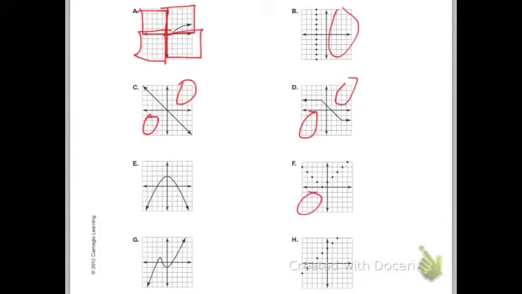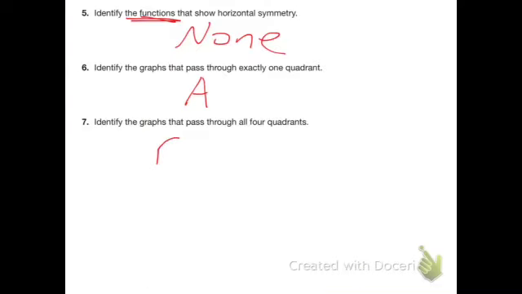F doesn't go into the third or fourth quadrant. E does make it through. Okay, it's in the fourth, first, second, third. Okay, so E makes it to all of them. G also makes it to all of them. And H doesn't because it's missing quadrant 4. Okay, so we're just looking at E and G on that one.